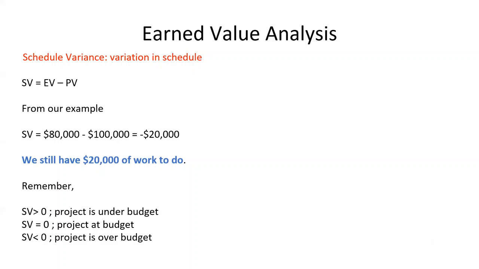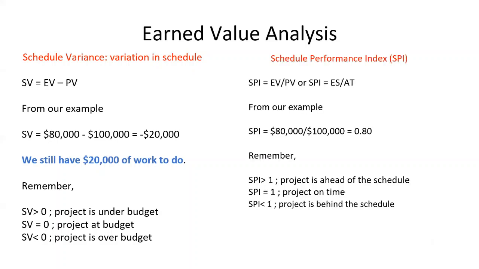So hence, if SV again is greater than 0, project is considered to be under budget. If it's at 0, project is considered to be at budget. And if it's less than 0, it's considered to be over budget. In our case, it's less than 0, hence it's over budget. You can similarly use SPI, which is schedule performance index, to infer where the schedule is.